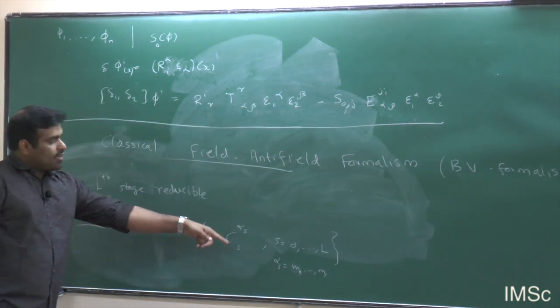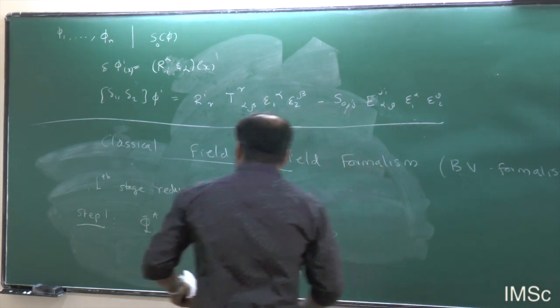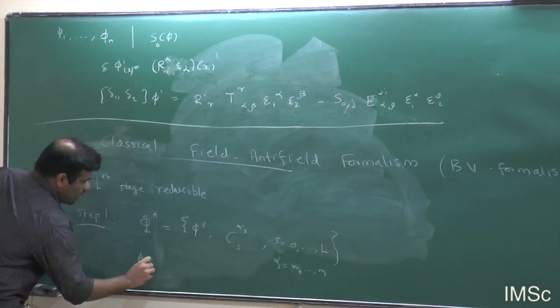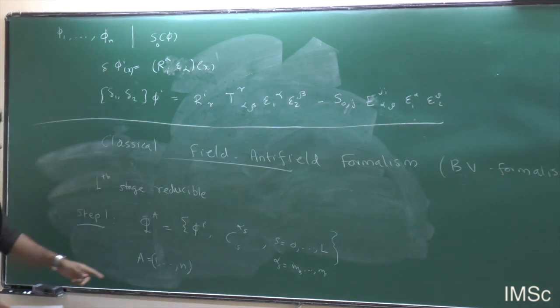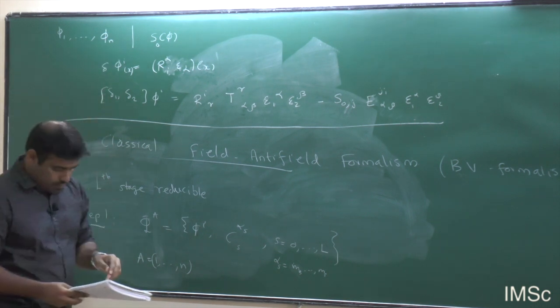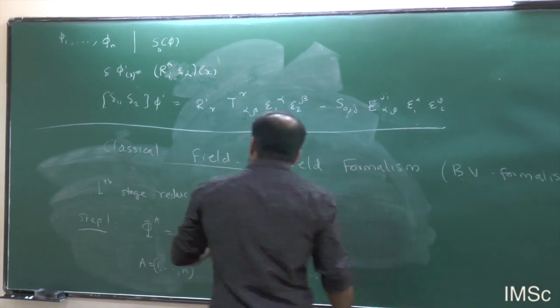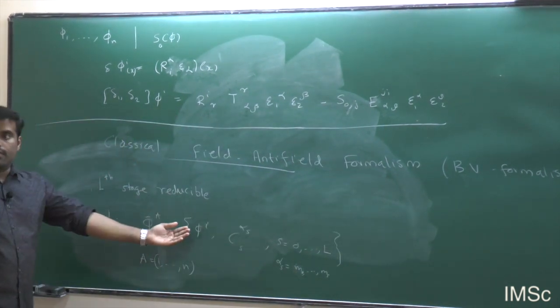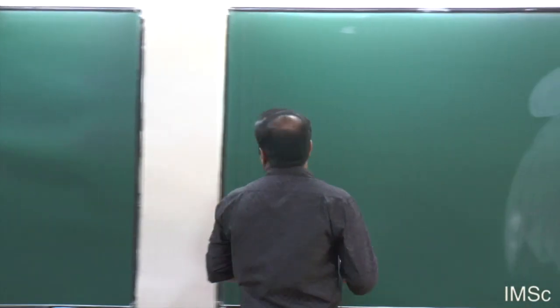Introduce the fields and the corresponding ghost fields. You have to do it for all phi^i's, so the index A corresponds to phi 1 to phi n and the ghosts. Now you have to assign a ghost number to these fields, a number that you associate with all fields.